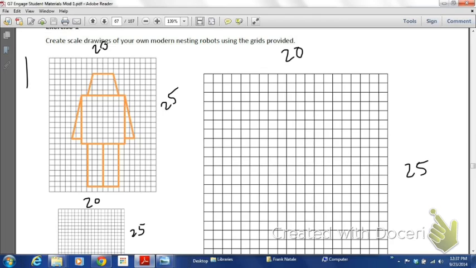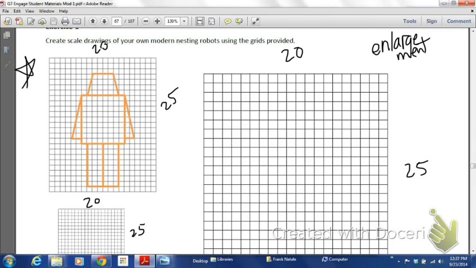This one here, the original, right here with the robot already drawn on it, is the one you are going to base your drawings on, because here you're going to be drawing an enlargement of this original robot. Go back here. An enlargement. Oh, I'm hitting something there. I'm not going to mess with that.